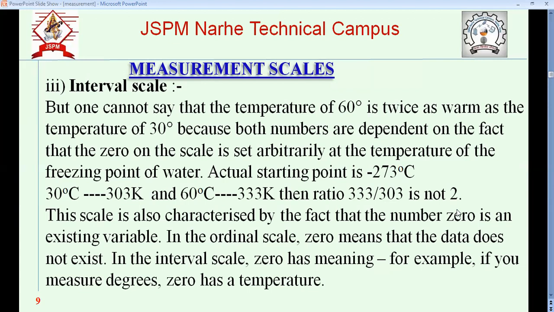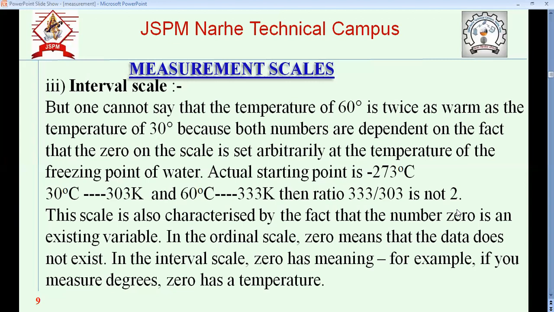We obtain Kelvin by adding 273 to the degree Celsius. If I divide 60 degrees by 30 degrees, it comes to 2, but it is not actually double. In real sense, 0 degree Celsius is not the true zero of the scale. The true zero is minus 273.